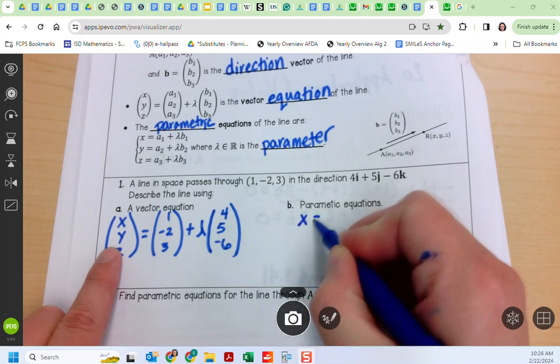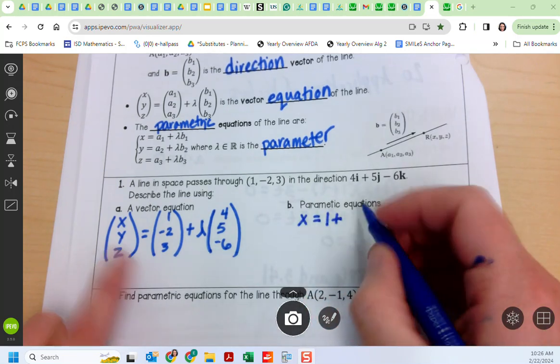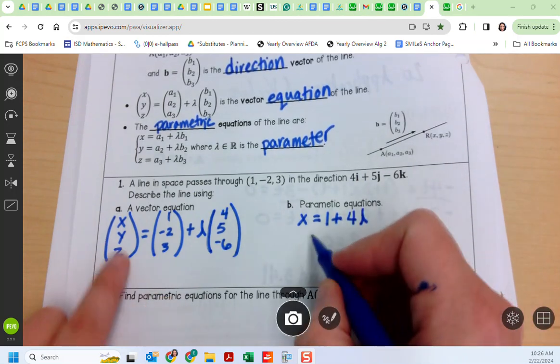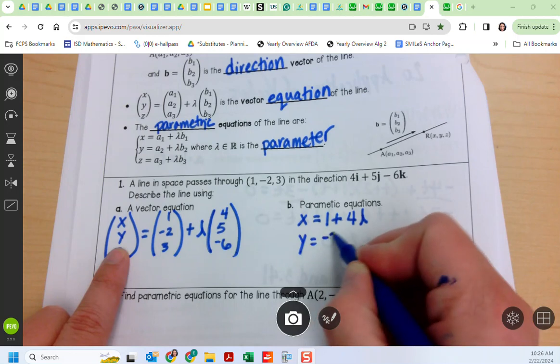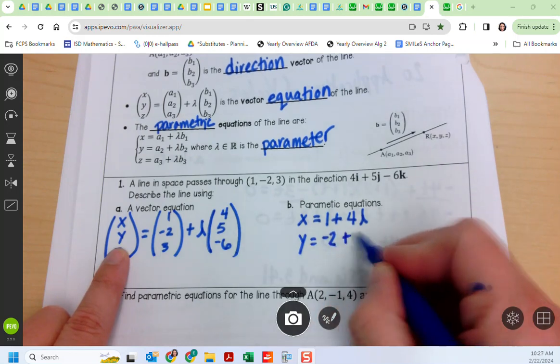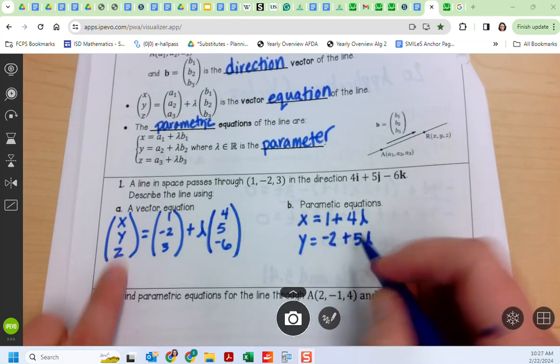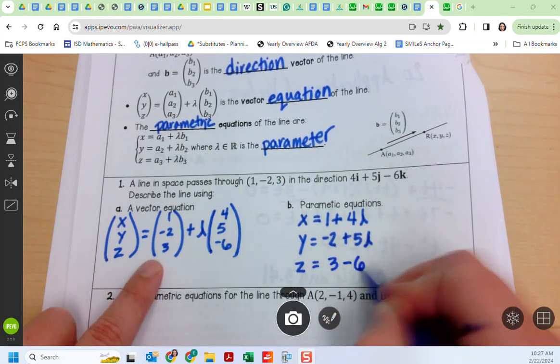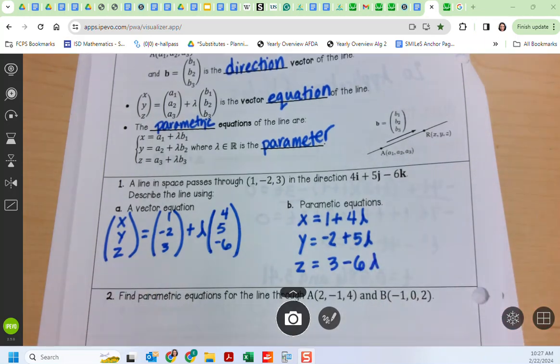So x equals 1 plus 4 lambda, y equals negative 2 plus 5 lambda, and z equals 3 minus 6 lambda. There's nothing to solve. They're equations. So I said write an equation. Remember, an equation has many points that would make solutions for it.